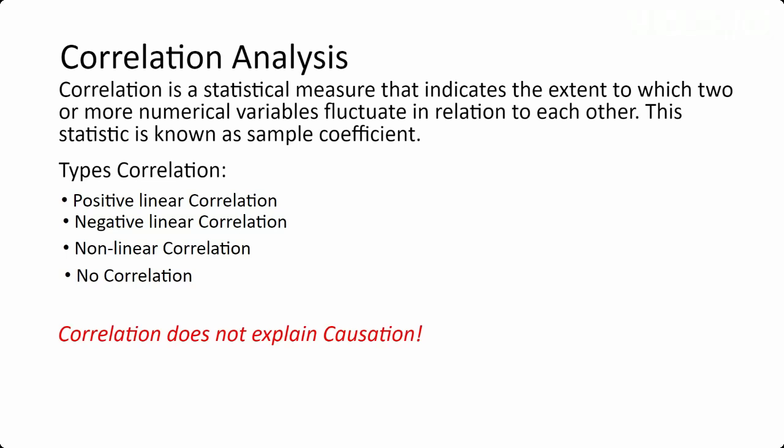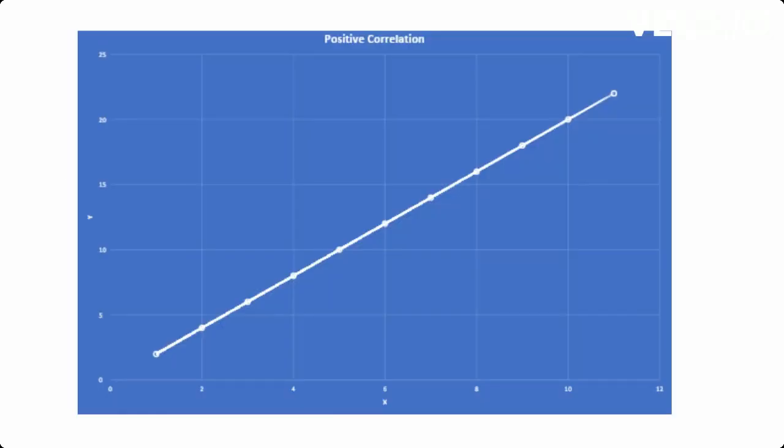So correlation: there is positive. Under positive correlation, when one variable changes, the other variable is also likely to change in the same direction. If it increases, the other variable also increases. If it reduces, the other variable also reduces. That's the case for positive correlation.